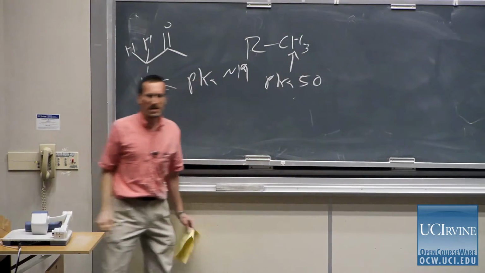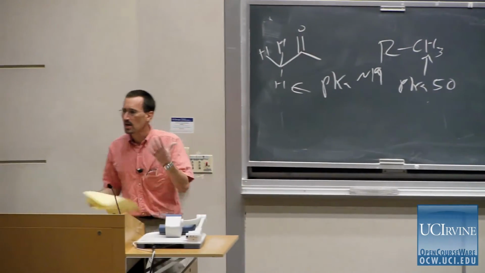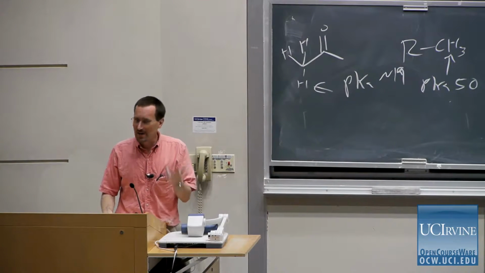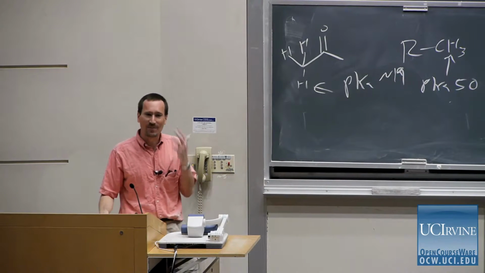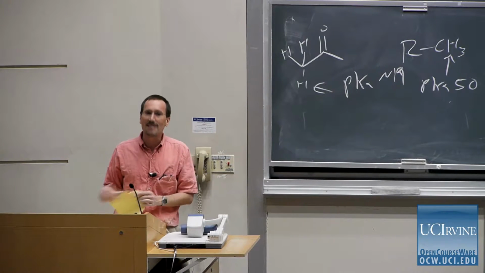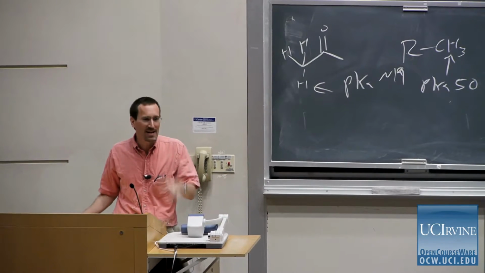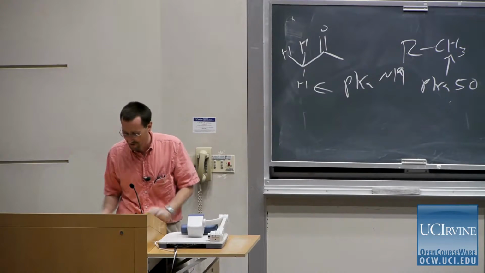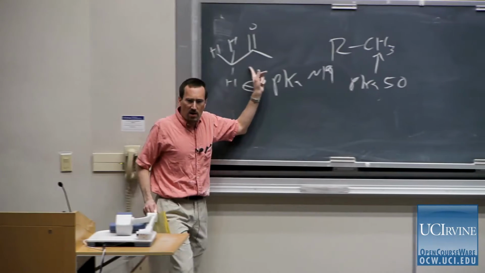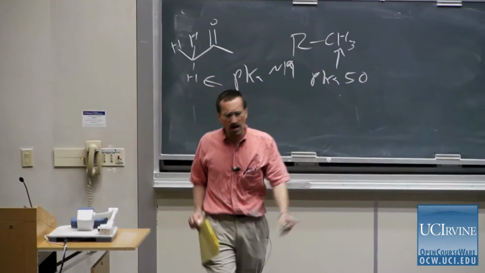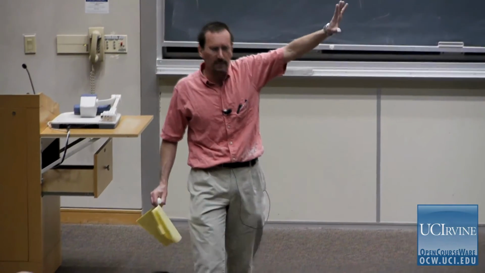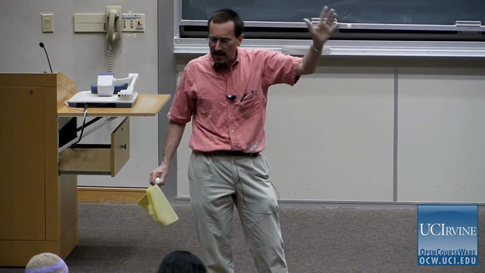In other words, the pKa of an alkane is, while nominally acidic, very, very weakly acidic. It's only acidic in the sense that you can think of its conjugate base as being a very, very strong base. And yet, by the time you get over to acetone, putting that carbonyl there shifts by 31 orders of magnitude the acidity of that proton.